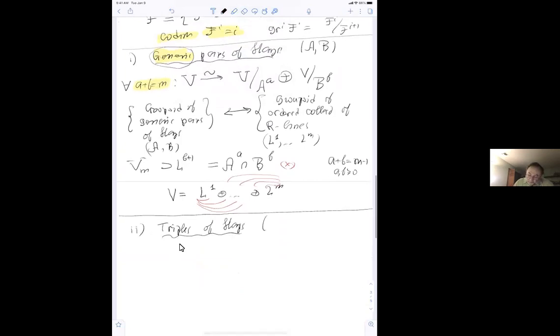Well, so we denote them A, B, and C. And we want to introduce the notion of generic.